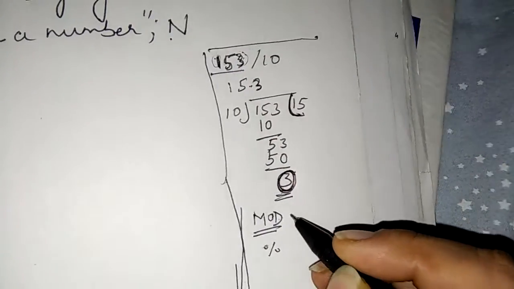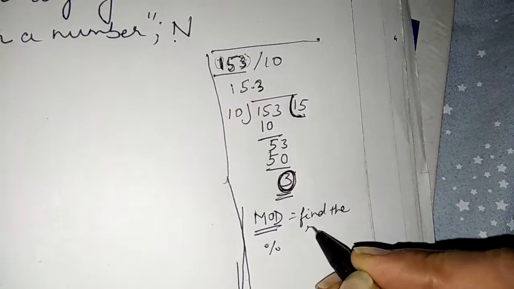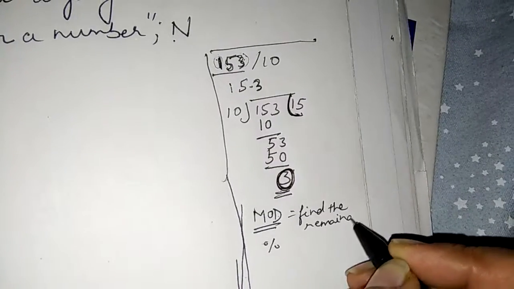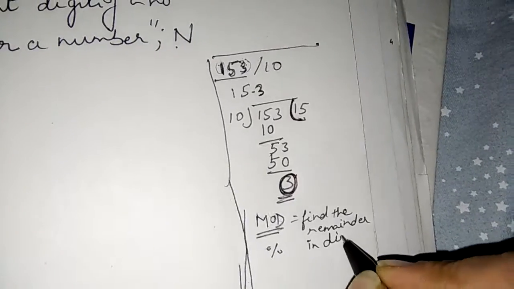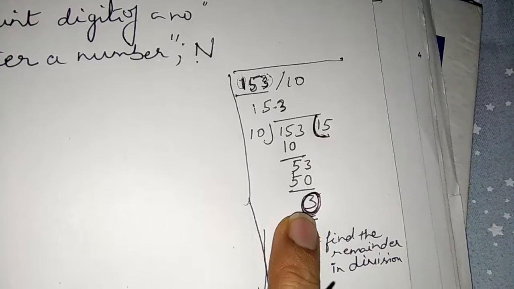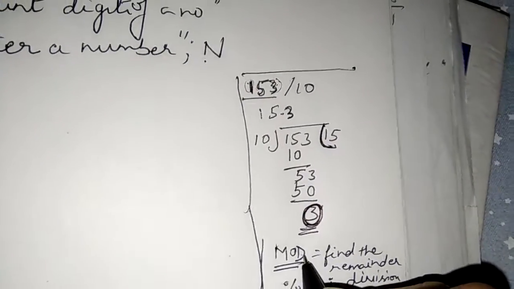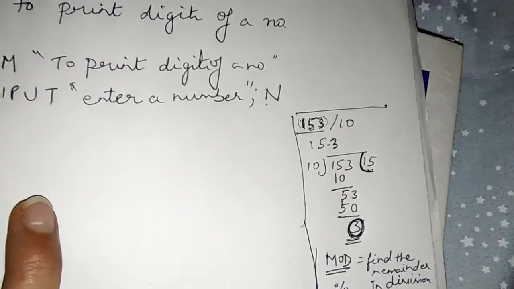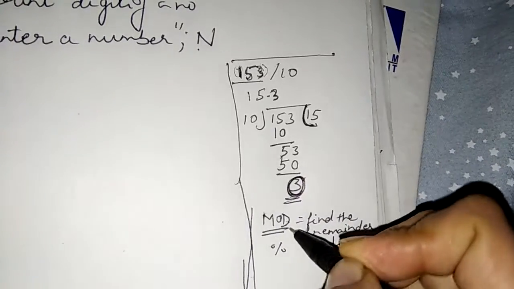The work of modulus is to find the remainder in division. If anything is remaining, it will be calculated through the modulus operator. Okay, I will tell you how it will work, the entire thing. So the first thing I have to use is the modulus operator.